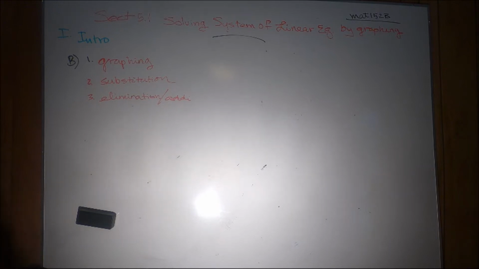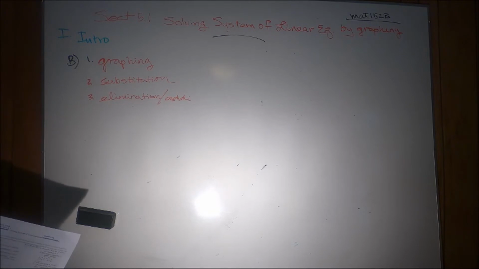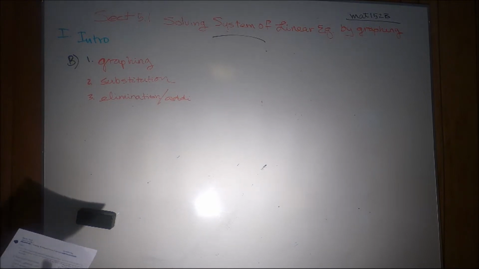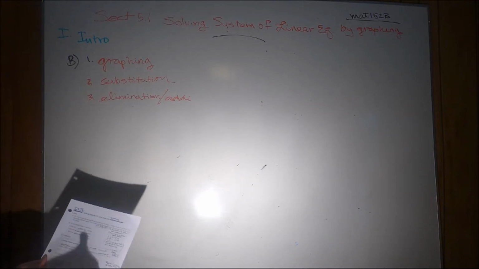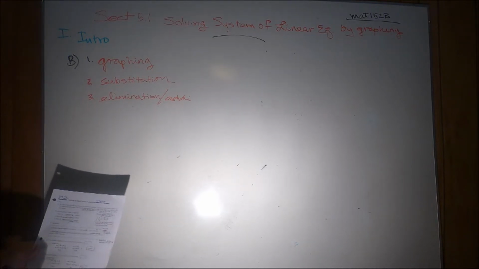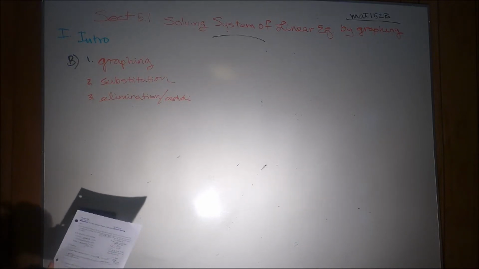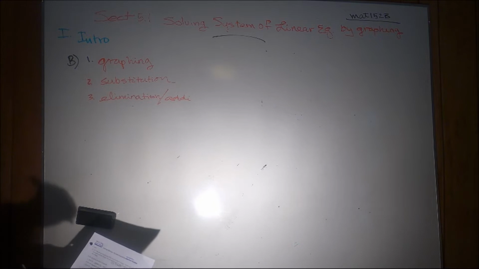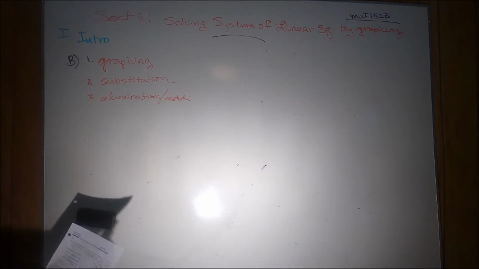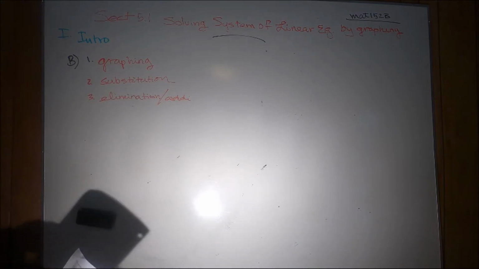Different methods, 3 methods we are going to use. We'll gradually introduce them one by one, okay? Before we talk about how to decide what kind of situation, we just review the graphing first. So see how much you still remember, okay?